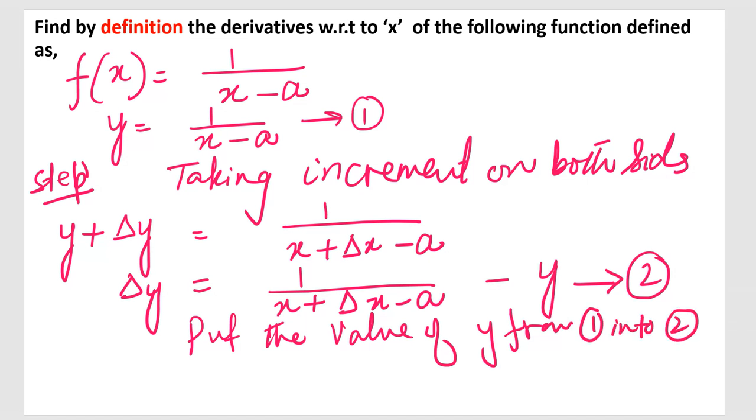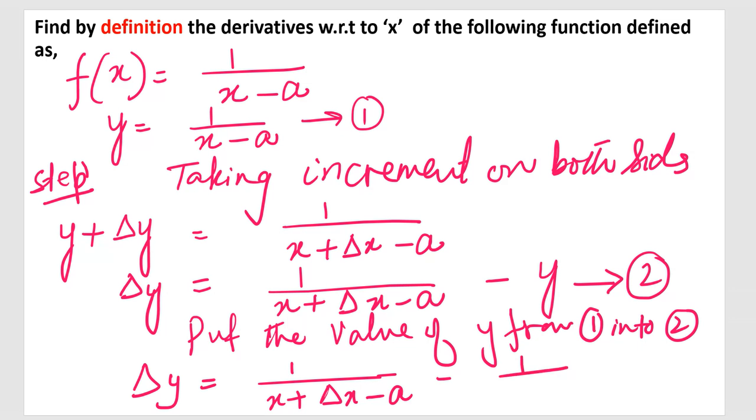Our new equation will be delta y is equal to 1 divided by x plus delta x minus a, and instead of y I will write 1 divided by x minus a. So this is my step number 1, and in step number 1 you always have to take the increment.